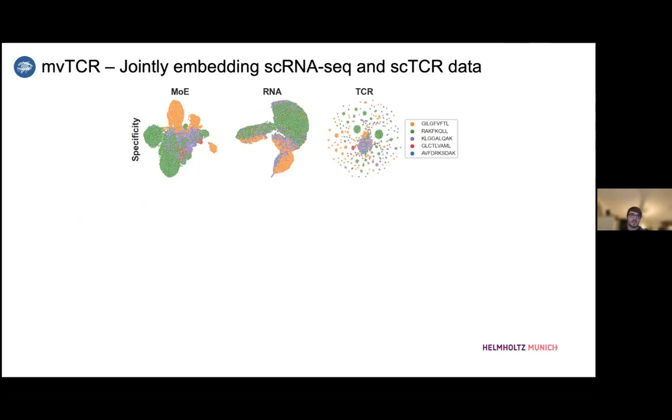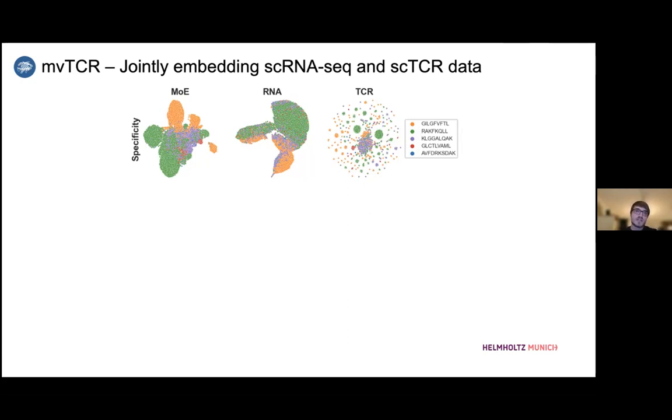One metric is whether the specificity of our T cells, which is not specifically encoded into the information here, is recovered in our joint latent space. And what you can see here on the left is the latent space representation as a UMAP, and then the two unimodal embeddings.